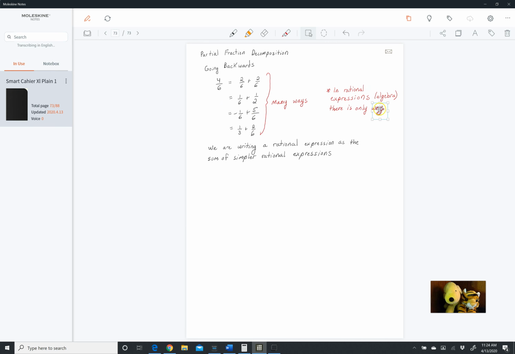But in numbers, it can be much harder. So you can see here, well, yes, we can do this, and we might be able to do it relatively easily for something like 4/6, but if we had something like 23/210, then it's going to be a lot harder to come up with all of the different fractions.